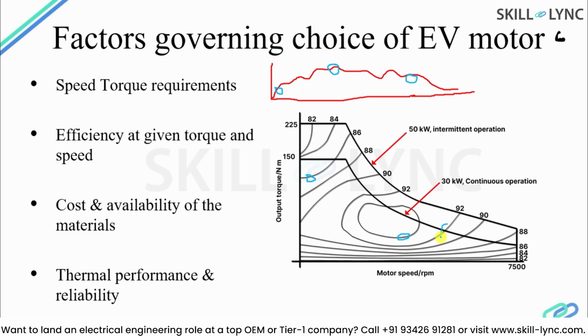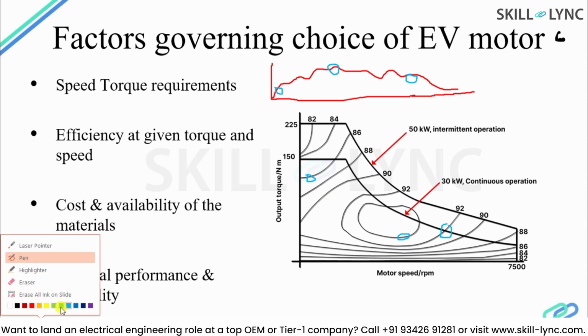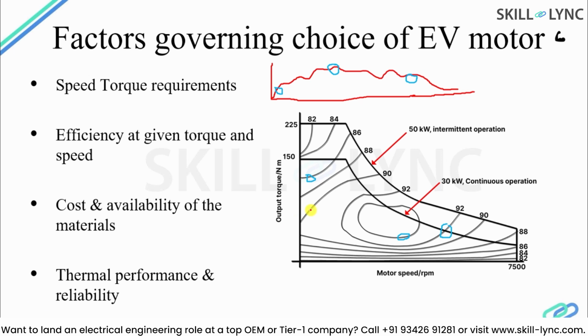These points may be located somewhere in the speed torque graph. So you need to consider all these things together, and understand how all these points will be located inside this and where your maximum points are located. You need to assume whether your maximum number of points are located in this region, or in this region, or somewhere over here.